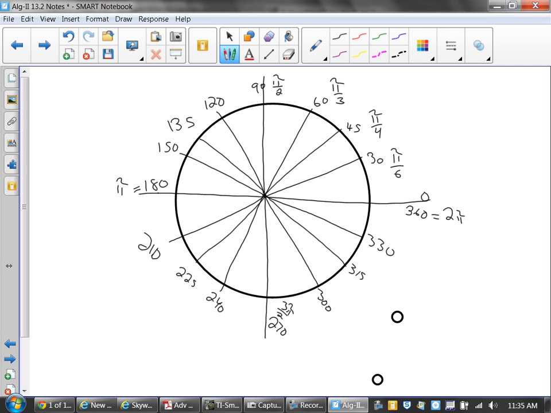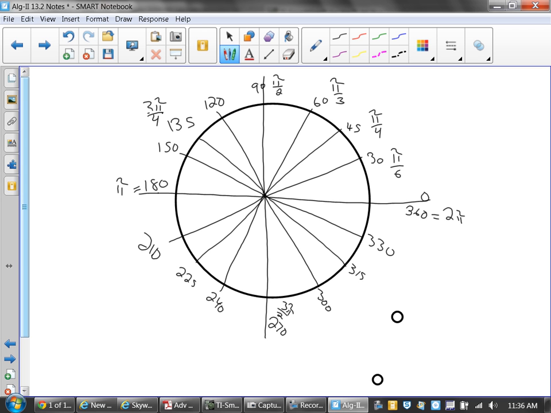Okay. Now, let's fill in the radian part in terms of pi. If I go from 0 to pi over 4 to pi over 2, that's adding pi over 4, right? Pi over 4 plus pi over 4 would be 2 pi over 4, otherwise known as 1/2. Well, 1/4 plus 1/4 plus 1/4 is how many fourths? 3. So this would be 3 pi over 4.